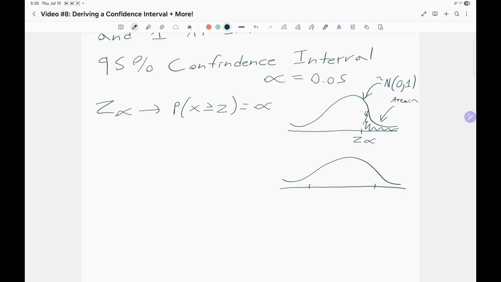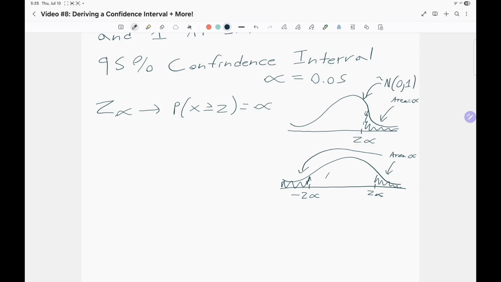We're going to have Z alpha. It's really going to be Z alpha over 2, but I don't want to get too technical until we get to that point. Negative Z alpha. And because of symmetry, these two tails are both going to have an area alpha. Area alpha. Just draw an arrow here.